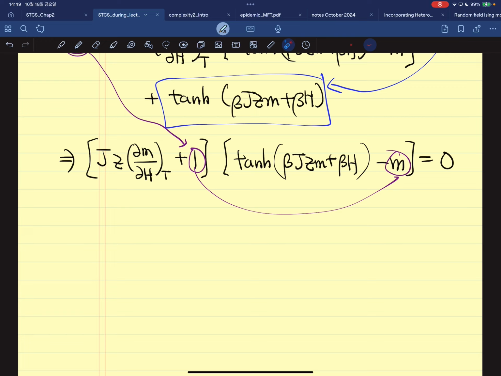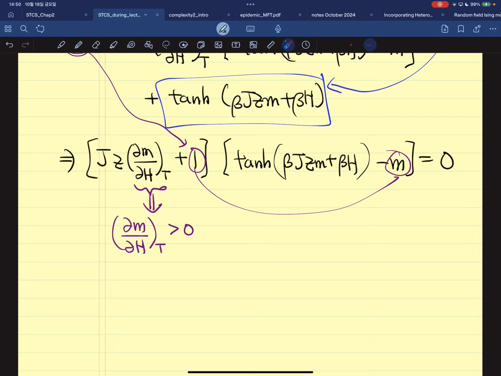But this term, this response function, should not be 0. The slope should be positive with respect to the external field. If the external field becomes more positive, then the change of average magnetization should be in that direction.